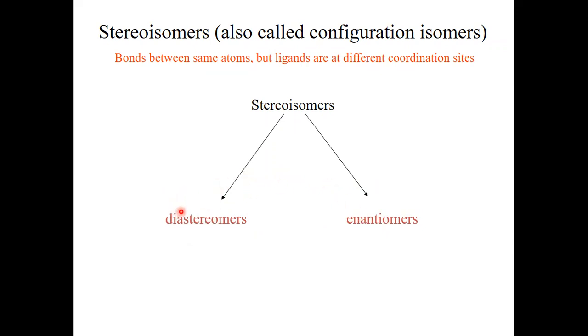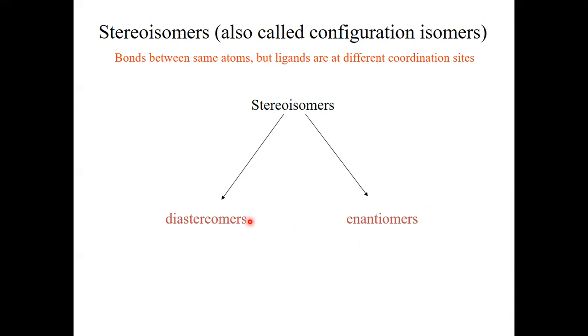So what distinguishes these two? Well, when we have enantiomers, then the respective isomers are mirror images of each other, whereby these mirror images cannot be superimposed, otherwise they would be identical molecules.